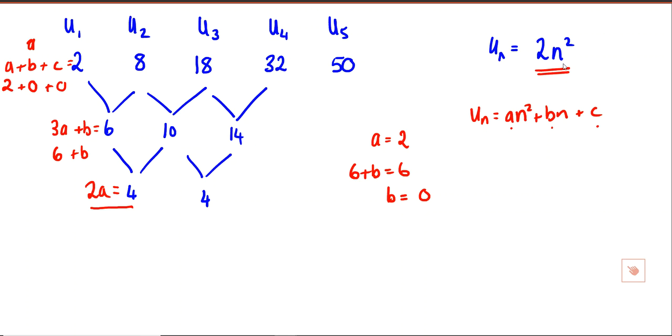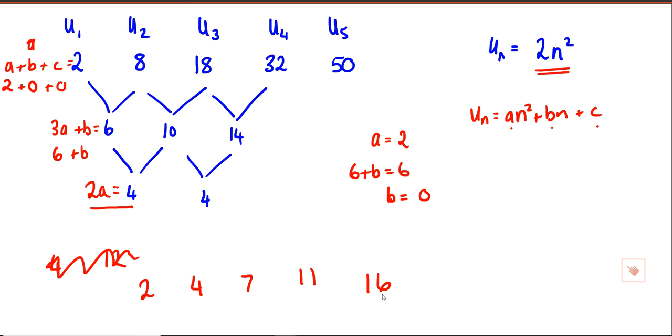So have a look at another sequence. 4, 12... 36. No, that was too easy. Let's do the other one. 2, 4, 7, 11, 16.